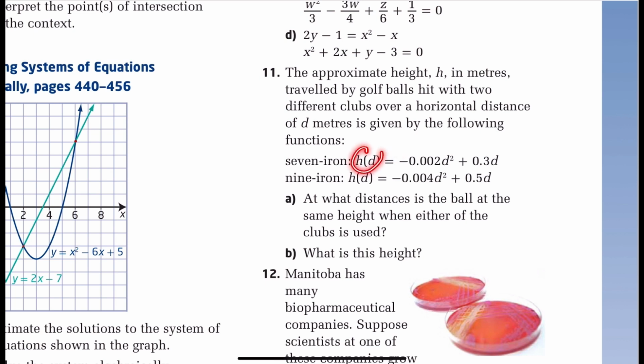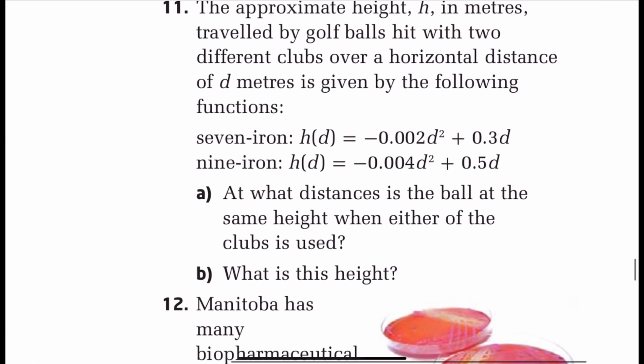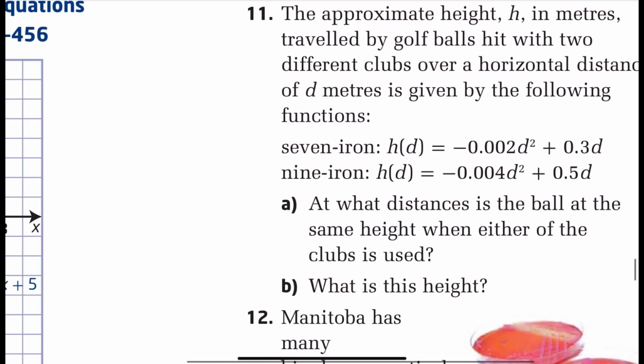So when you put this one equal to this one, that means you are solving the system of equations. So we can do that. So minus 2 times 10 to the power of minus 3 d square plus 0.3d is equal to minus 4 times 10 to the power minus 3 d square plus 0.5d.